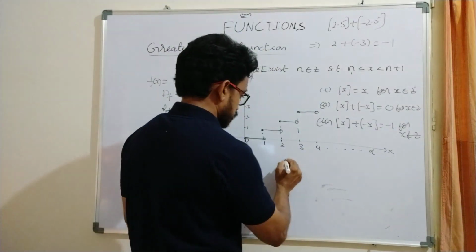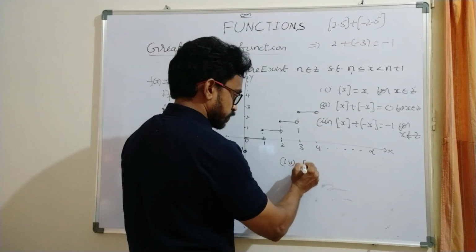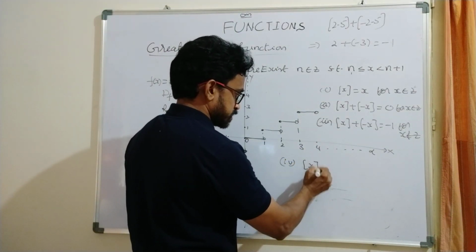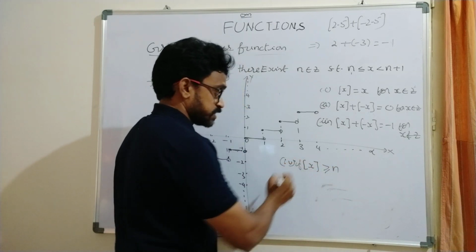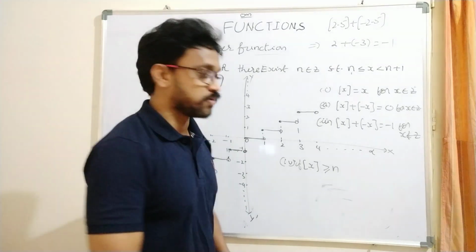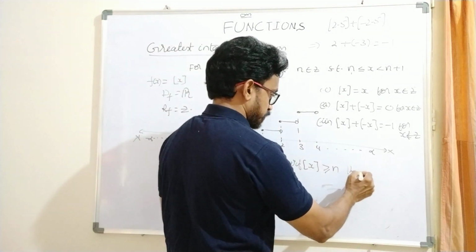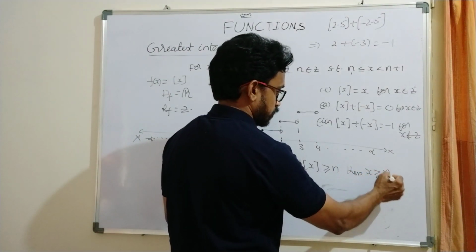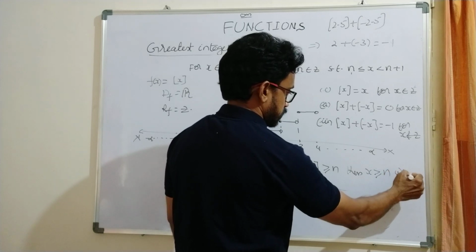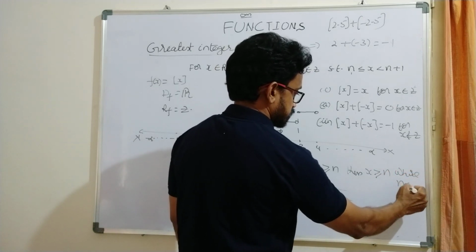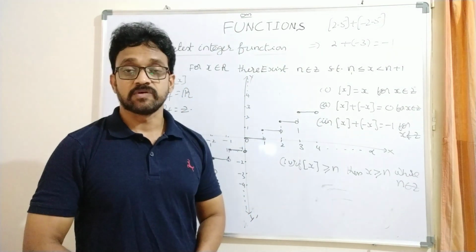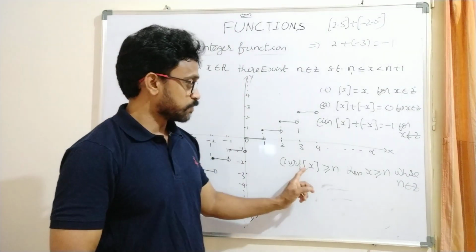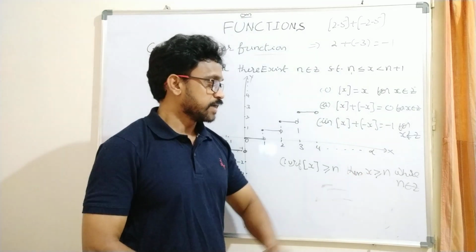And one more point, this is a very useful form. If step x is greater than or equal to n, then x is greater than or equal to n, where n belongs to Z. This is very useful for solving equations.